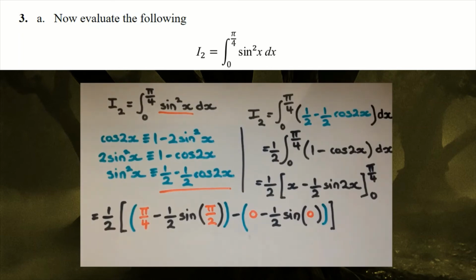My final value will be the following, and we'll leave it in terms of pi again. So it's going to be pi over 8 this time. So I'm multiplying pi over 4 by 1/2, and then this term becomes 1/2, so I'm going to be subtracting 1/4. And we're done.